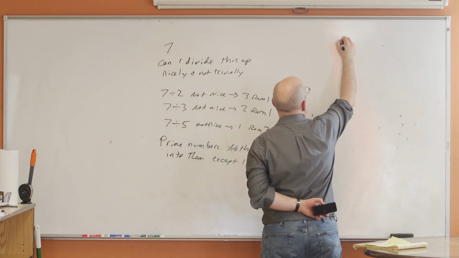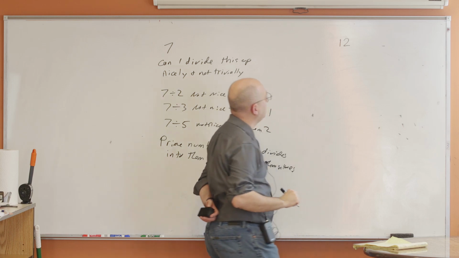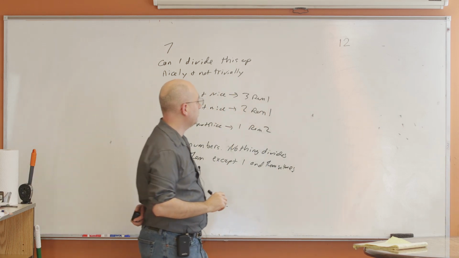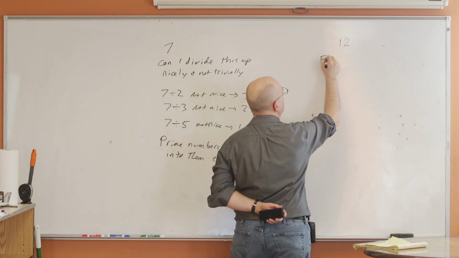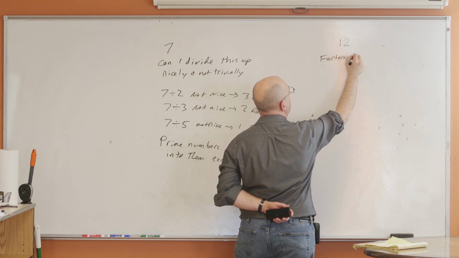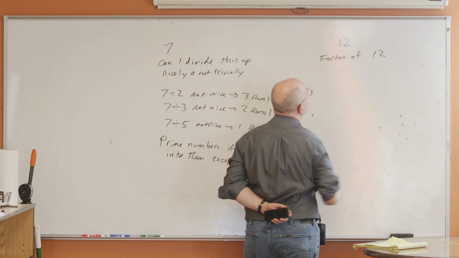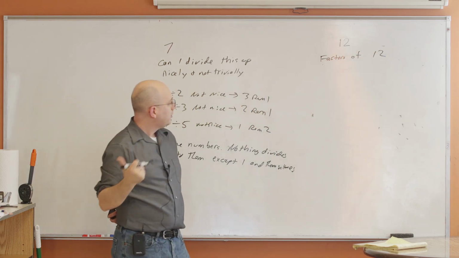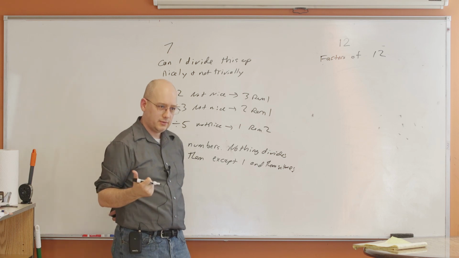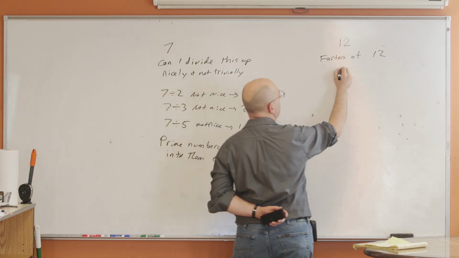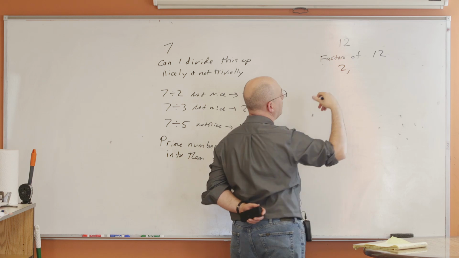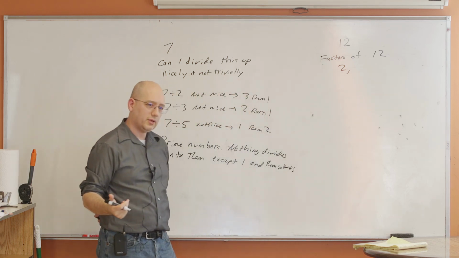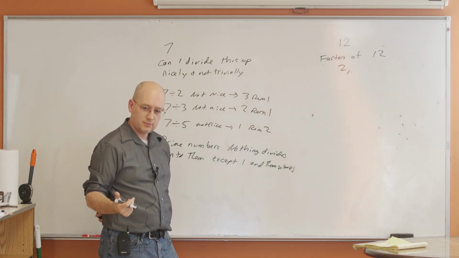Now, let's try something that's the opposite of a prime, something with a couple of different factors. So, factors of 12. Well, does 2 divide into 12? Yes. So we've got 2. And when you divide 12 by 2, what do you get? 6.